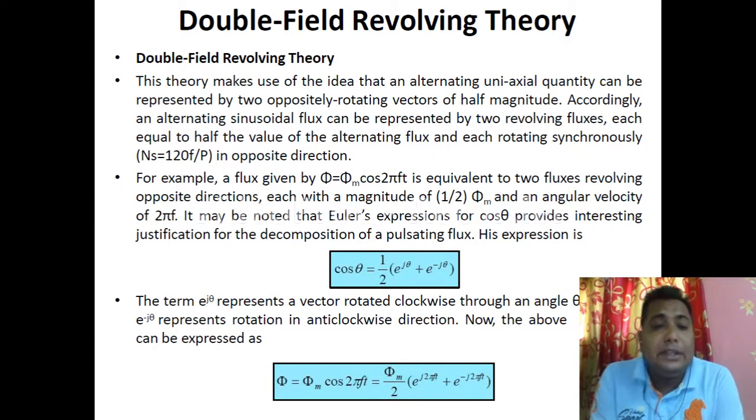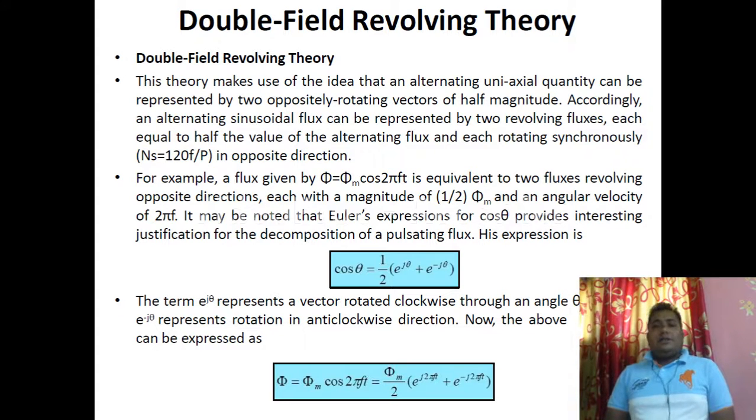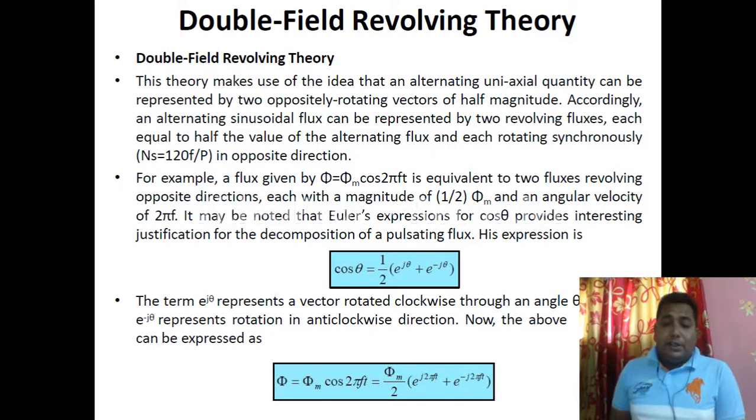It may be noted that Euler's equation for cos theta provides an interesting justification for the representation of a pulsating flux, and its expression is given by cos theta equals half of e to the power j theta plus e to the power minus j theta, where e to the power j theta represents a vector rotating anticlockwise through an angle theta, whereas e to the power minus j theta represents the rotation in the clockwise direction.